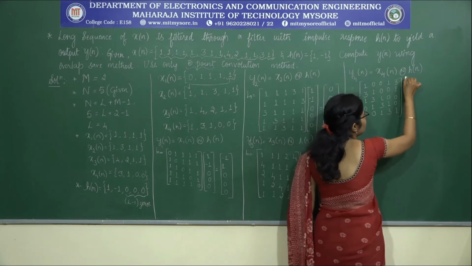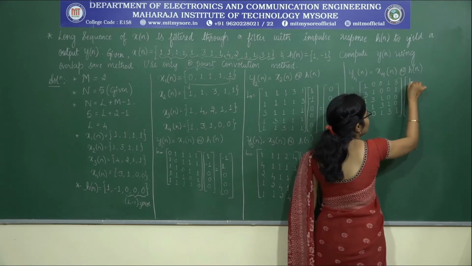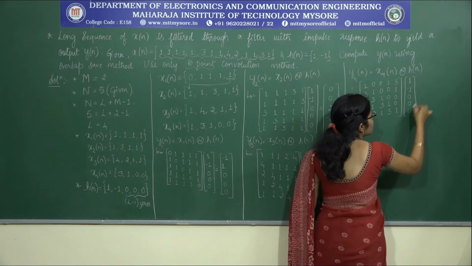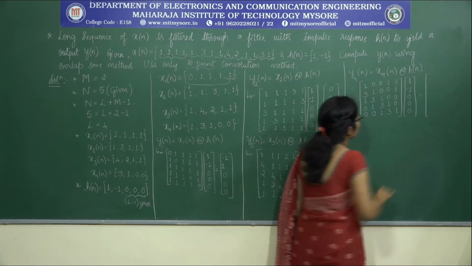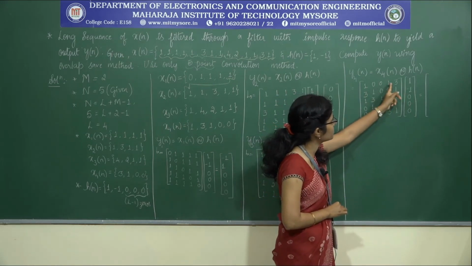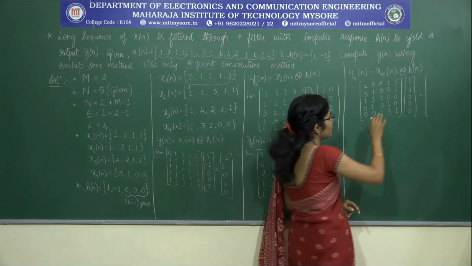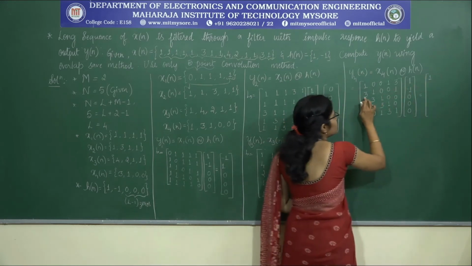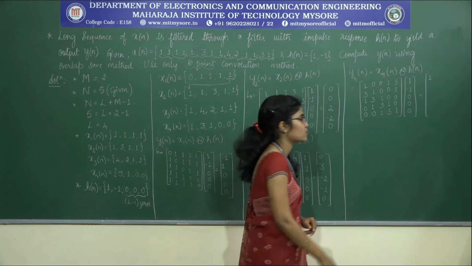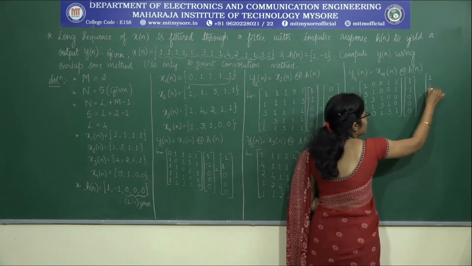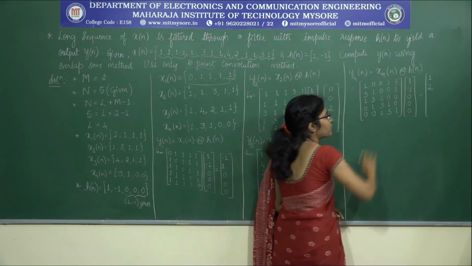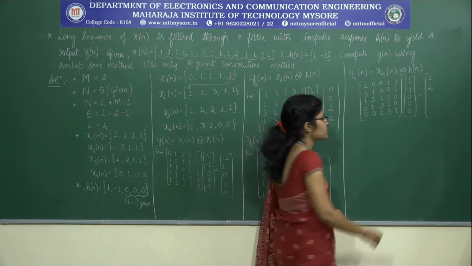So what is h of n? H of n is 1 minus 1 0 0 0. This will be equal to, okay, 1 into 1 is 1, 0 multiplied by anything is 0, again 0 multiplied by anything is 0. So we get the first value as 1. 3 into 1 is 3, 1 into minus 1 is minus 1, so 3 minus 1 gives us 2. Again coming to third row, 1 into 1 is 1, 3 into minus 1 is minus 3, 1 minus 3 is minus 2.